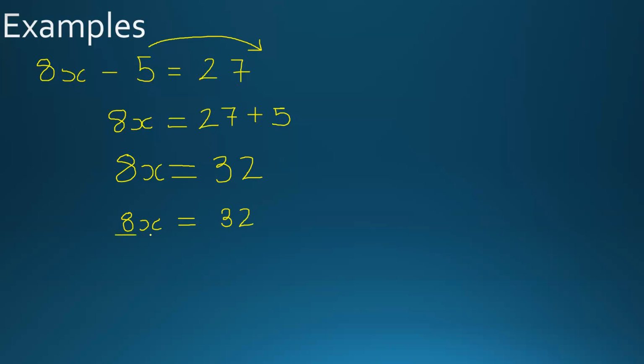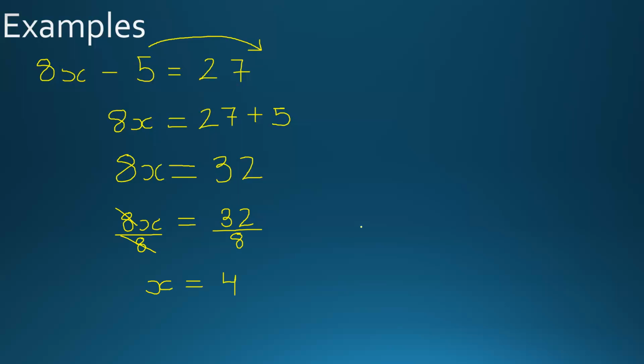So x is going to be equal to what? 32 divided by 8. What is 32 divided by 8? 4. So x is equal to 4.